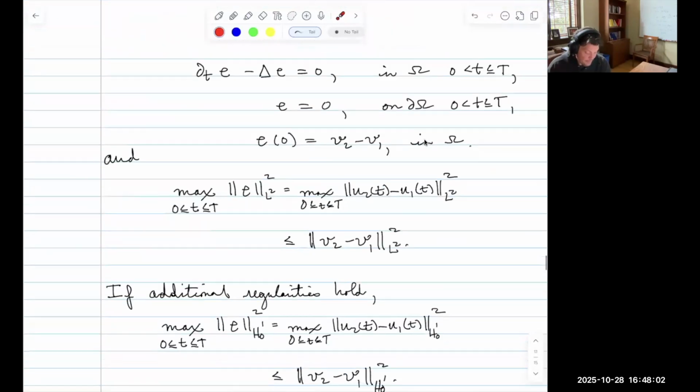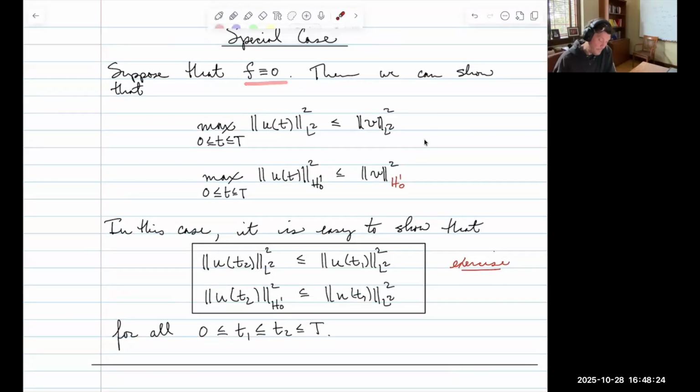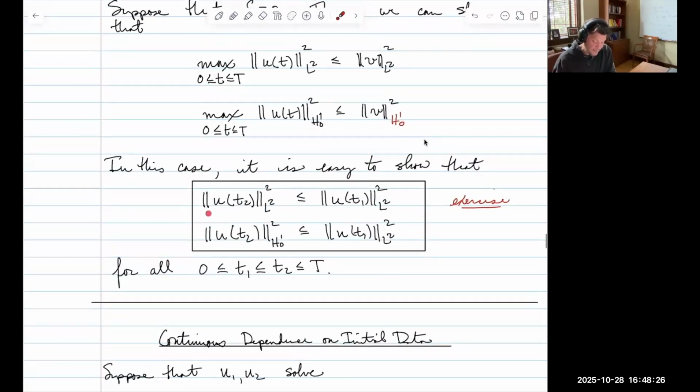So I claim it's not too hard to show, using that same proof technique or a similar one, that actually I have this. So what this is saying is I can think about the L2 energy or the L2 norm squared as something like an energy. And what this estimate is saying is as long as F is equal to 0, then this number is going down and down and down in time.